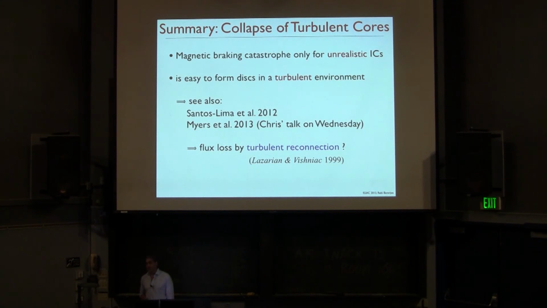And it seems to be fairly easy to form protostellar disks even in class 0 objects, very early on, if you start with a little bit of turbulence in your simulation. This is also confirmed by a couple of other people, with Santos Lima and also this work by Myers. Chris was talking on Wednesday about it.